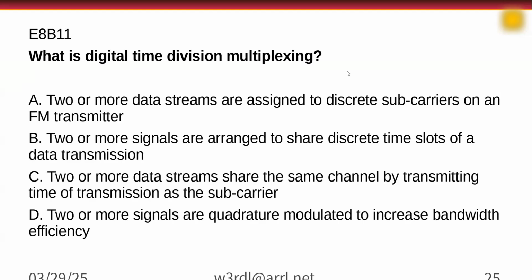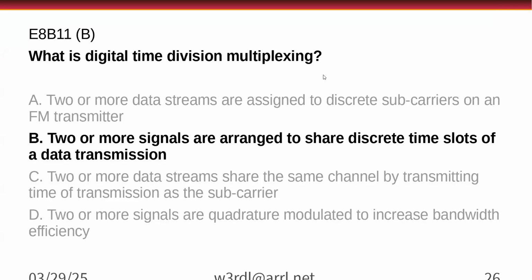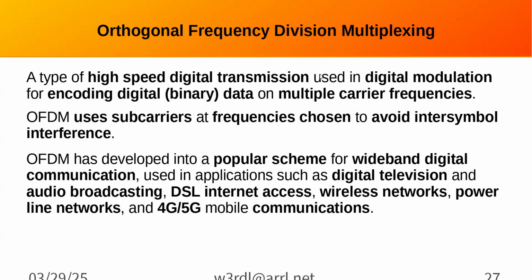What is digital time division multiplexing? We talked about that a little bit. So it's different time slots instead of different frequencies. Honestly, I don't know a whole lot about this one.